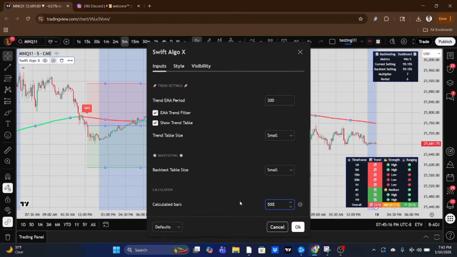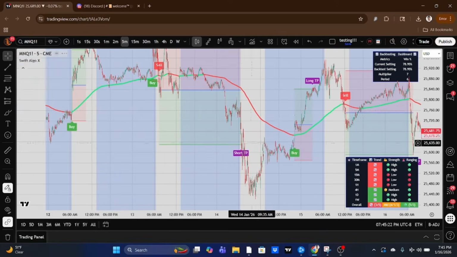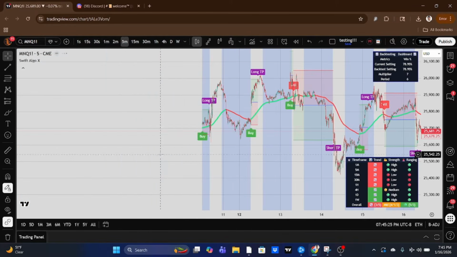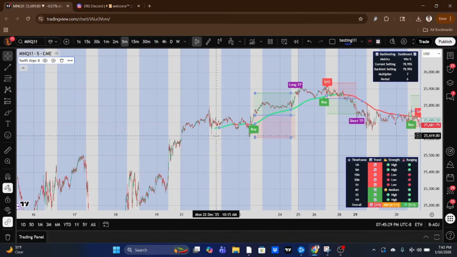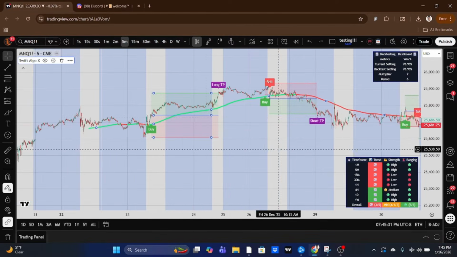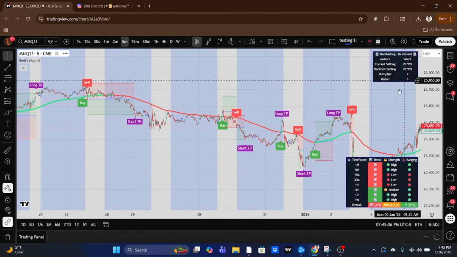So let's see. We keep it as 5,000, 70%. And if you scroll back, you see how it stopped right there. So it's calculating all these signals in your backtest setting.